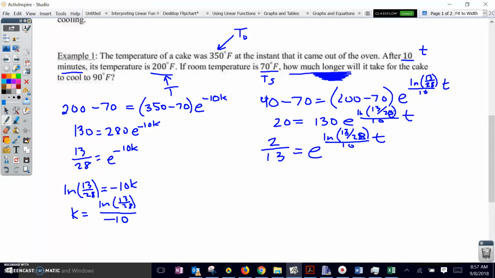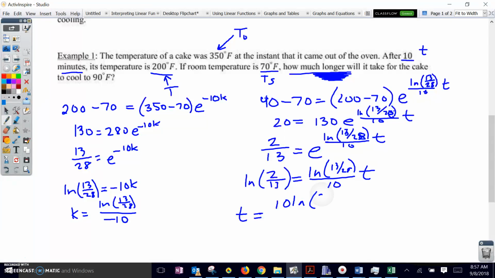And we can go ahead and solve this for t by taking the natural log of both sides. And we get natural log of 2 over 13 equals natural log of 13 over 28 over 10 times t. And so t is going to be equal to 10 natural log of 2 over 13 divided by natural log of 13 over 28.